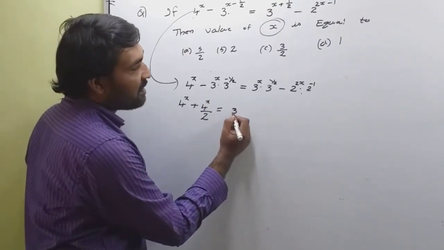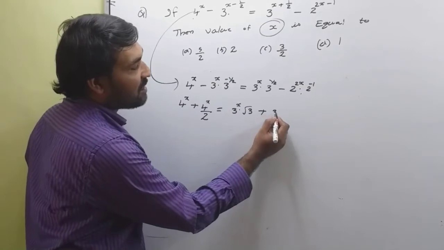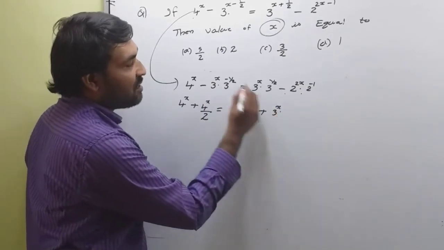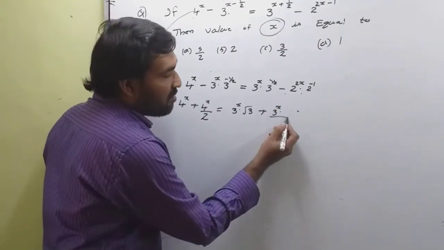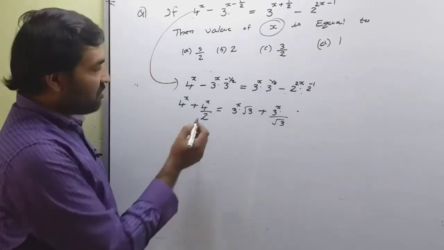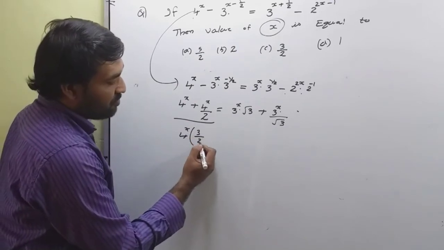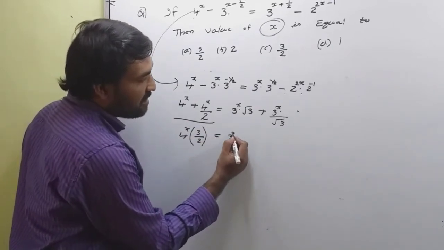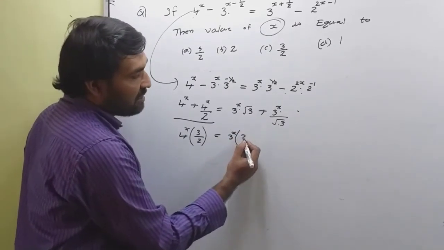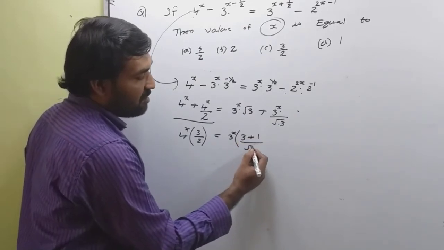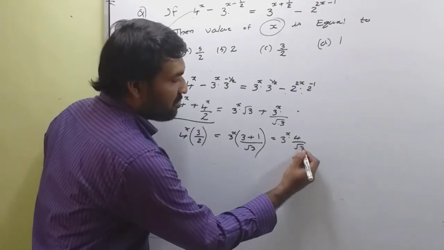This is equal to 3 raised to x into root 3 plus 3 raised to x into 3 raised to minus 1 by 2. 3 raised to minus 1 by 2 becomes 1 by root 3, so this becomes 4 raised to x into 3 by 2, which is equal to 3 raised to x into, taking the LCM, (3 plus 1) divided by root 3, that is 3 raised to x into 4 by root 3.